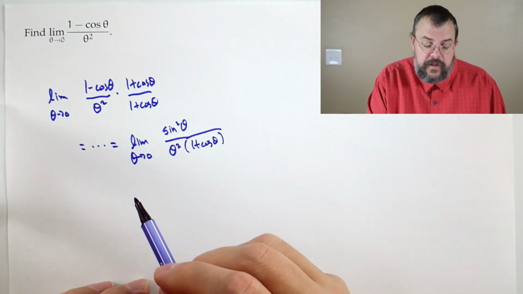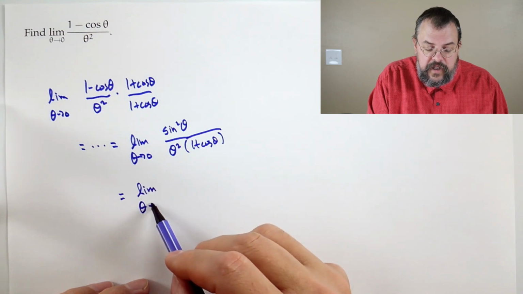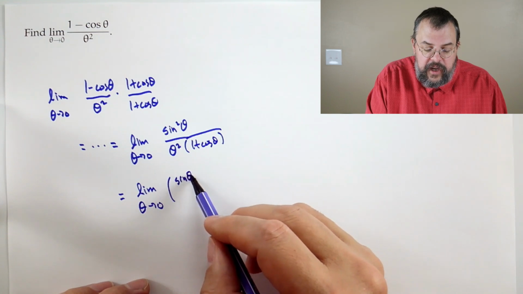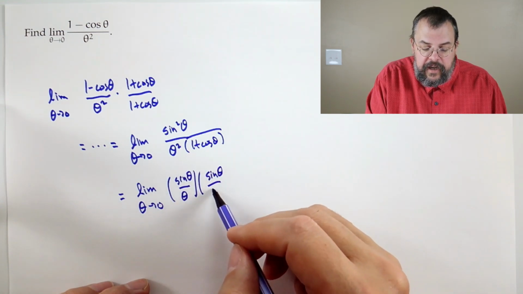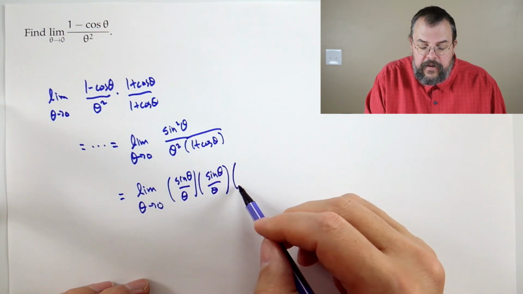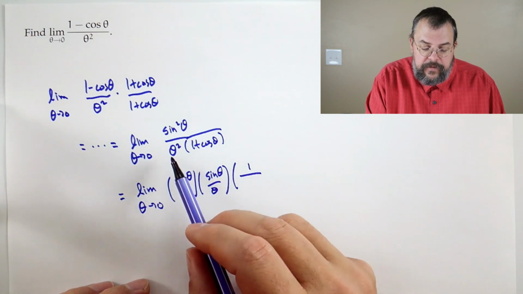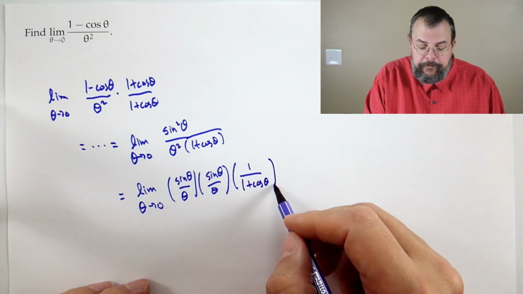Let's break it up into pieces where each piece is easy for us to understand. I'll break off a sine theta and a theta. I'll break off another sine theta and a theta. And finally, I've used up the upstairs, so I'll have it as a 1. Downstairs, I've grabbed both of the thetas, so I'm left with 1 plus cosine theta.